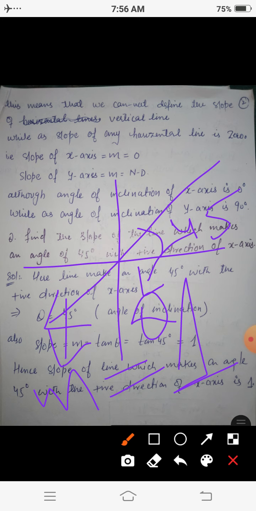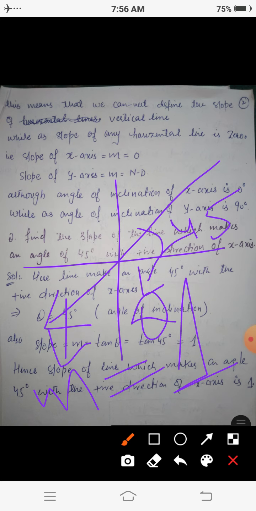In this way, you can find the slope of any line whose angle of inclination is given. The angle of inclination is the angle a line makes with the positive direction of the x-axis, and positive direction means anti-clockwise direction.